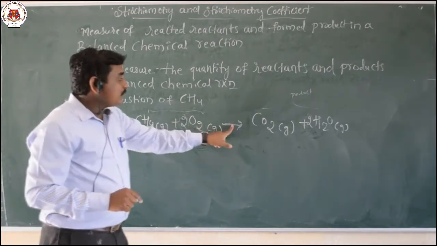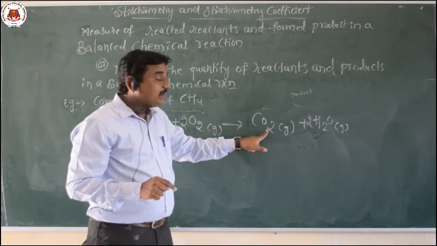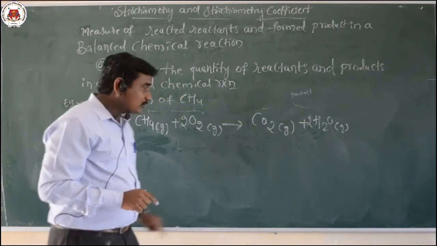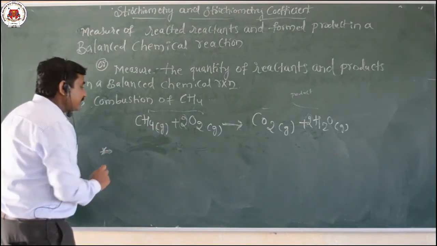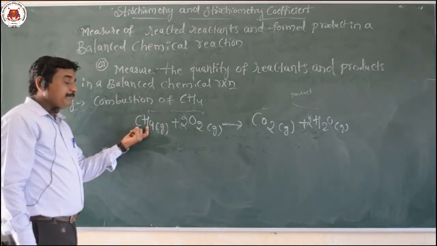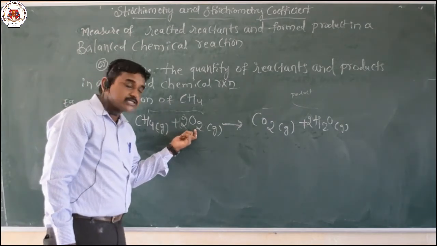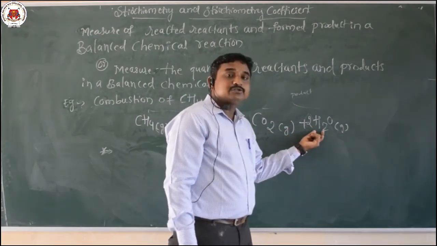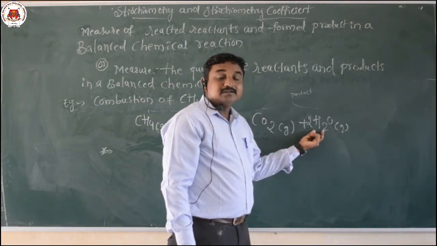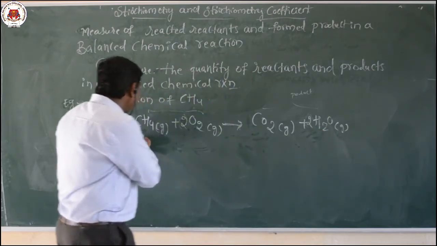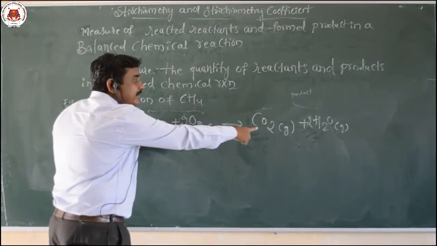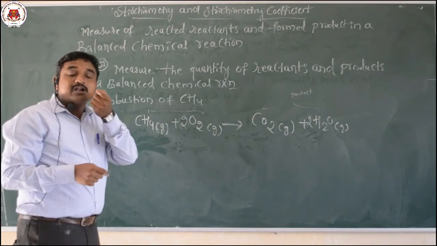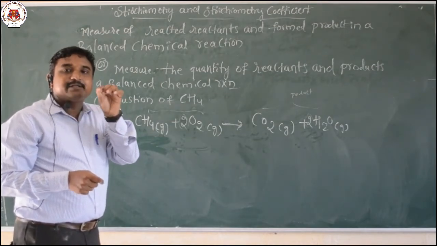It gives 1 mole of carbon dioxide and 2 moles of water. It also indicates that 1 molecule of methane reacts with 2 molecules of oxygen, and forms 1 molecule of carbon dioxide and 2 molecules of water. Okay. The 1 mole of methane, 2 moles of oxygen, 1 mole of carbon dioxide, 2 moles of water, that 1 mole or 1 molecule is indicated by the stoichiometry.